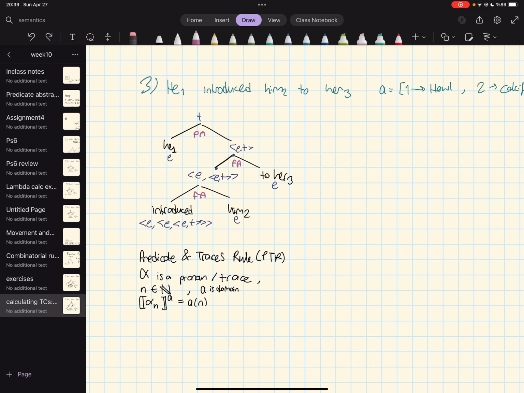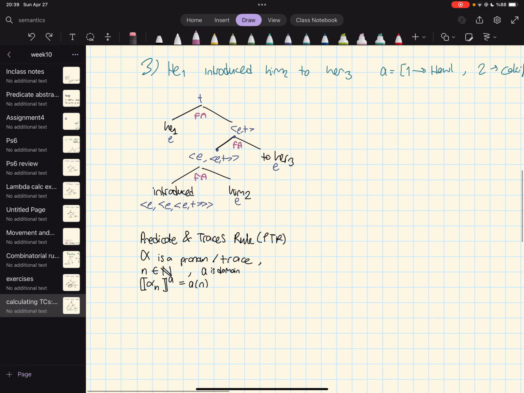In the domain of A, the denotation of alpha with the index n would be the assignment function A taking n as its argument.